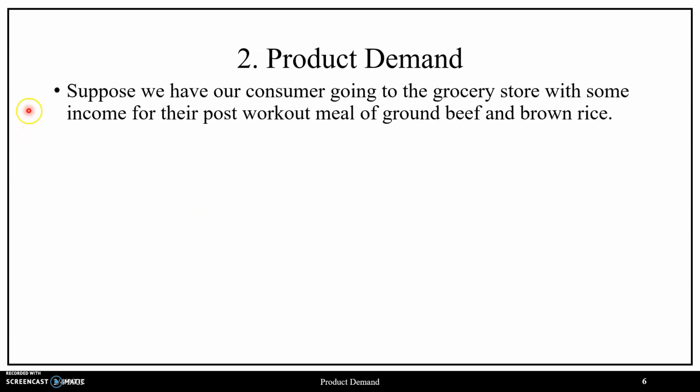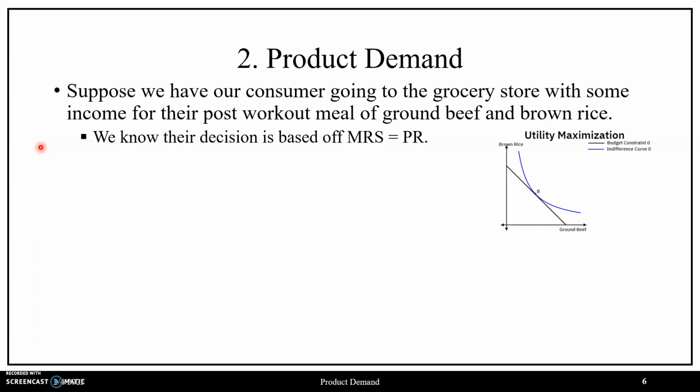So, suppose we have our consumer going to the grocery store with some income for their post-workout meal of ground beef and brown rice as before. We know that their decision is based off of the marginal rate of substitution equaling the price ratio, where we have our utility maximization process on the right, quantity of brown rice on the vertical, quantity of ground beef on the horizontal.